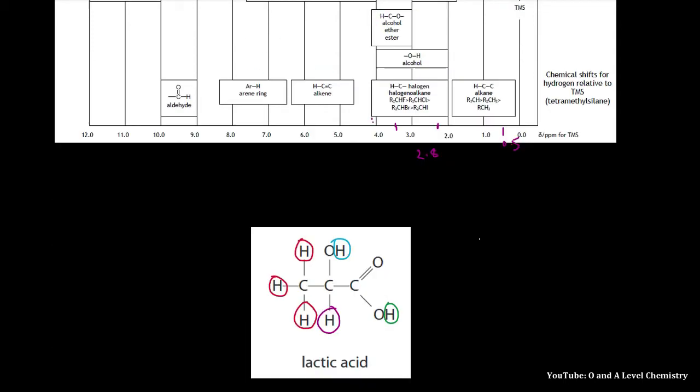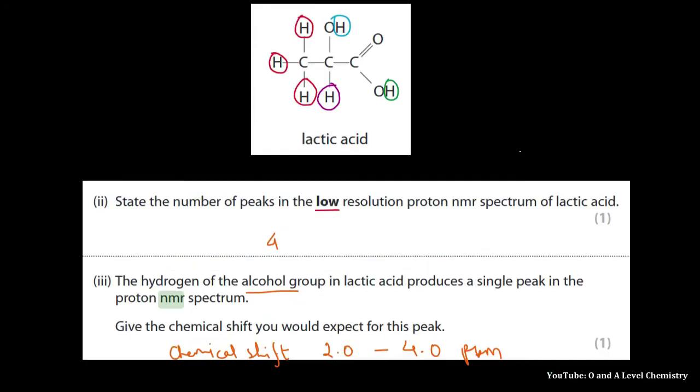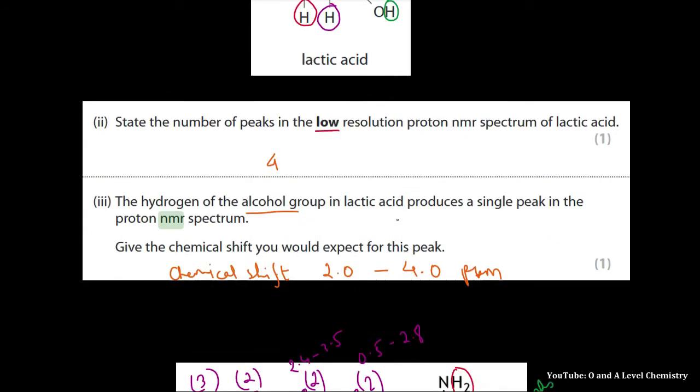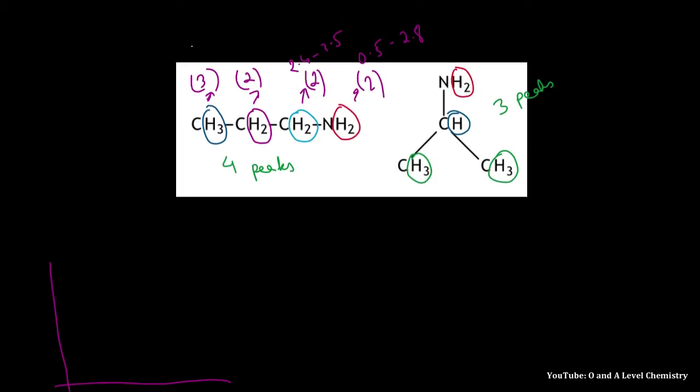So the height is going to be 2 because there are two hydrogens, 0.5 to 2.8. So if we were to sketch them, the alkane's range is here, 0.1 to 1.9. So both of them are going to be 0.1 to 1.9.